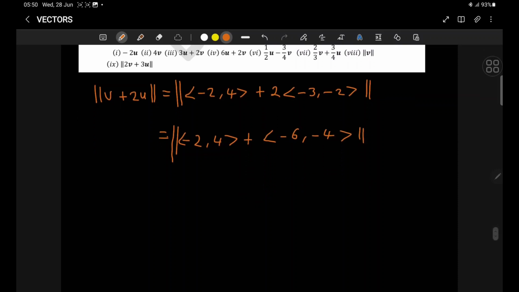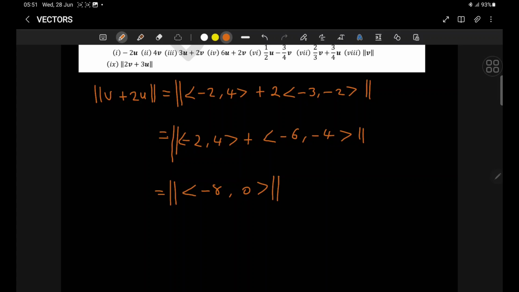Then now we can perform vector addition. So we'll add the x component with the x component. So negative 2 will add with negative 6. That is, negative 2 plus negative 6 will be negative 8, and then 4 plus negative 4 will have 0.